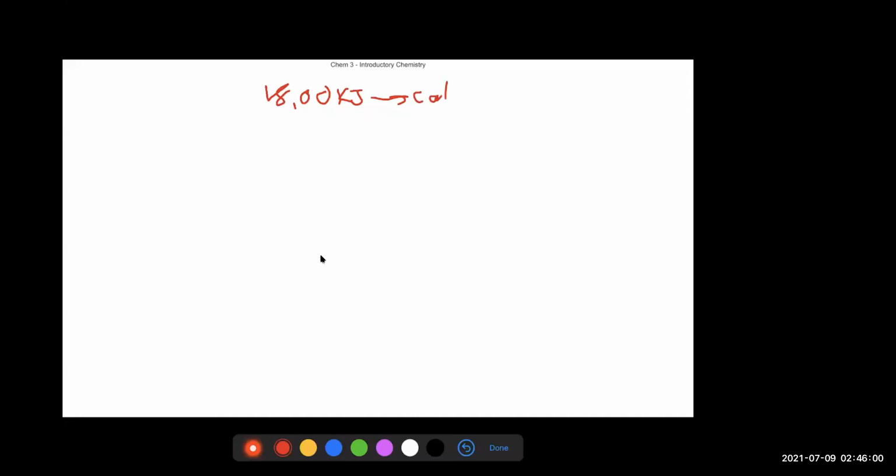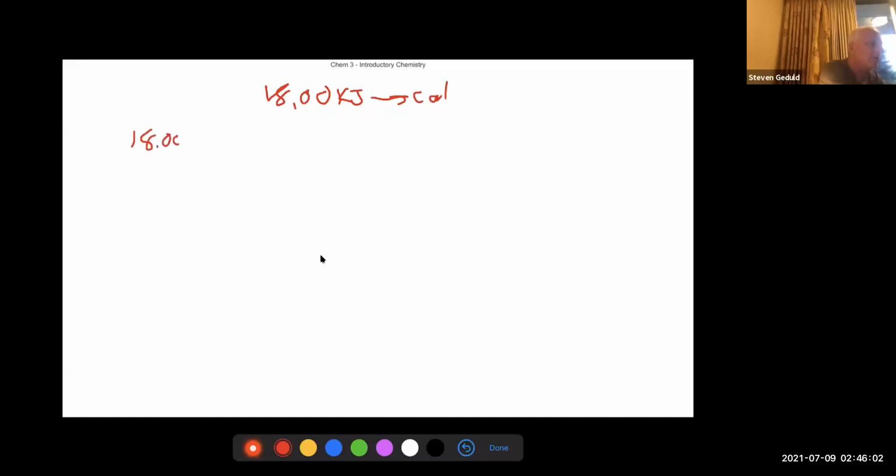All right. This one says convert 18.0 kilojoules to calories. Okay, so write down what we're starting with, 18.00 kilojoules.